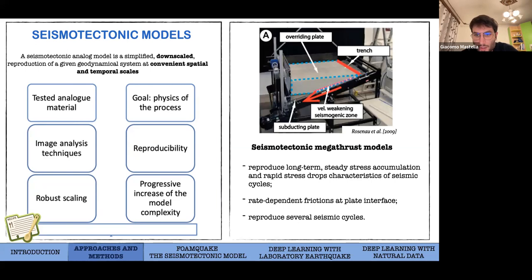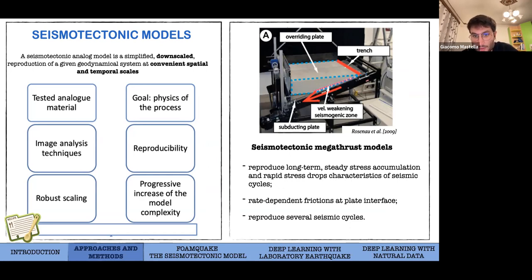The first seismotectonic analog model of the megathrust seismic cycle was devised by Matthias Rosenau at the GFZ in 2009. This kind of modeling technique has several advantages. First of all, it reproduces the process of the seismic cycle at laboratory scale: the long-term steady state accumulation characteristic of interseismic stages and the rapid stress drops characteristic of the coseismic stages.